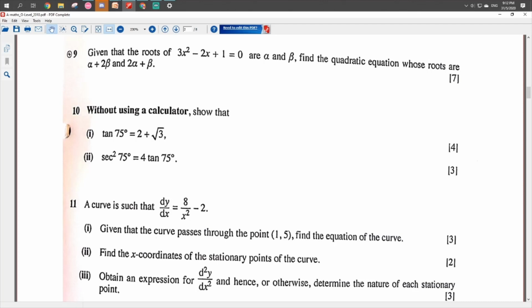Given that the roots of 3x squared minus 2x plus 1 equals 0 are alpha and beta, find the quadratic equation whose roots are alpha plus 2 beta and 2 alpha plus beta.